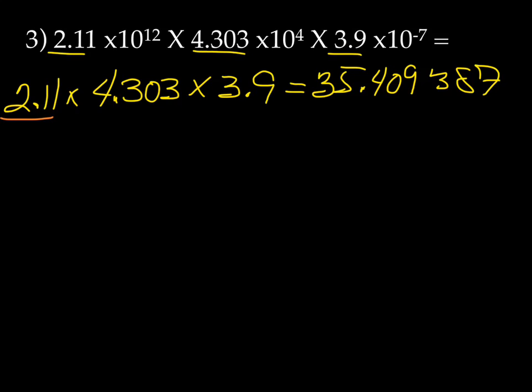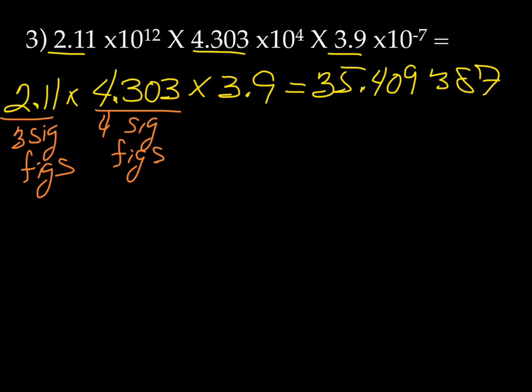The first number has 3 sig figs because they're all non-zero numbers. The second number has 4 sig figs. The 4, the 3, and the 3 are all significant because they're non-zero digits. The 0 is significant because it's between non-zero digits.